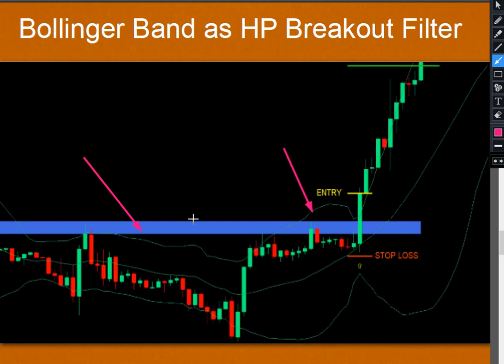Now in this particular case, the breakout has happened on 2 potential areas, resistance and a price channel, which is a Bollinger Band in this case. So 2 factors. The third factor, you can see price was squeezing here before the breakout. So that is factor number 3.